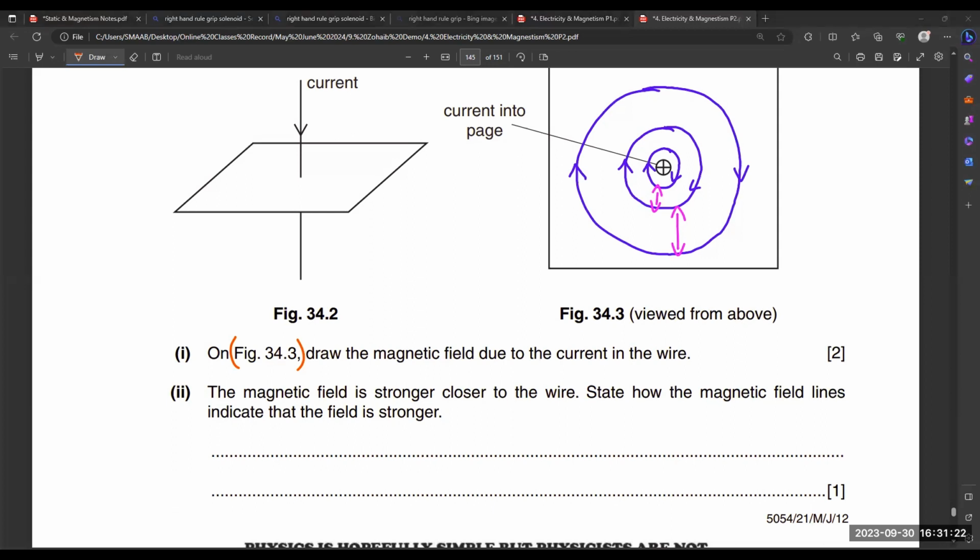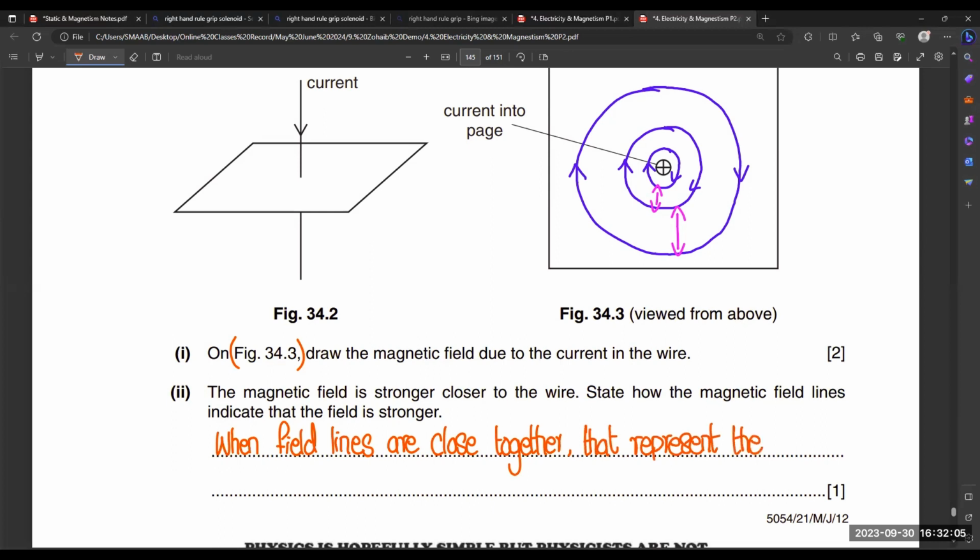So basically, when field lines are close to each other, that will give you the concept of a strong magnetic field, right? That represents the strong magnetic field.